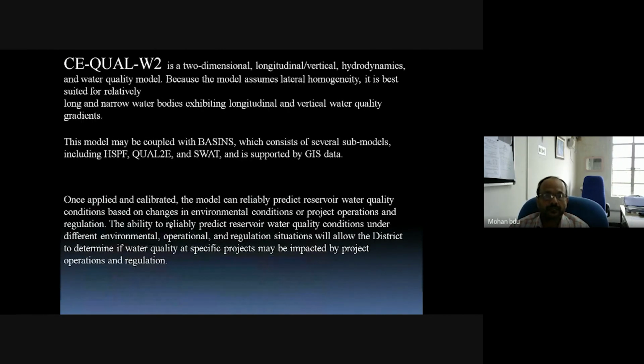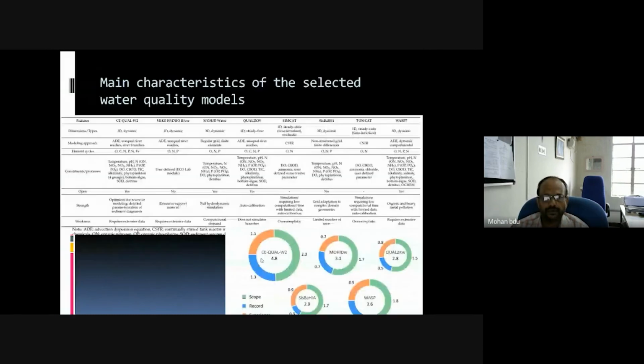So CE-QUAL-W2 is a two-dimensional model. It is like horizontal and vertical. It is best suited for relatively shallow, long, and narrow water bodies. So depending upon the water body, you can choose the models. This is another picture which shows which model is being widely used and the scope.